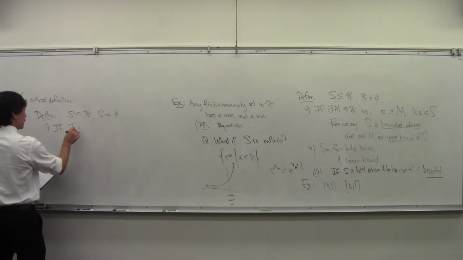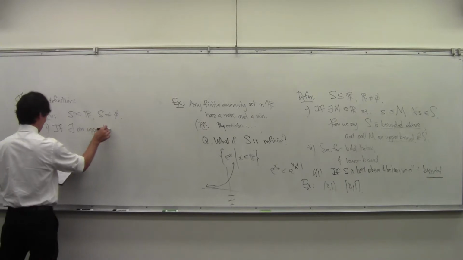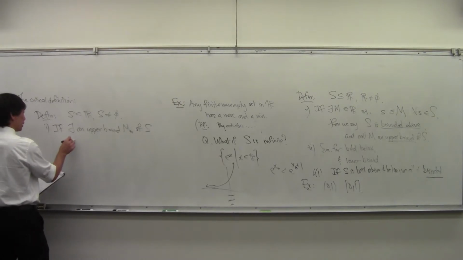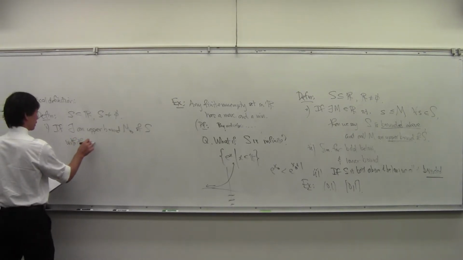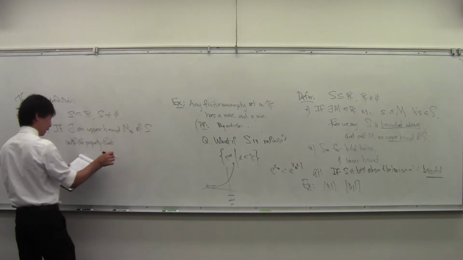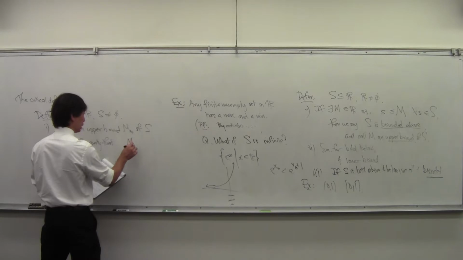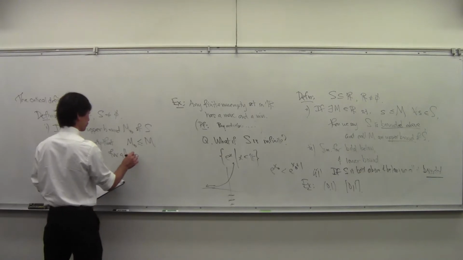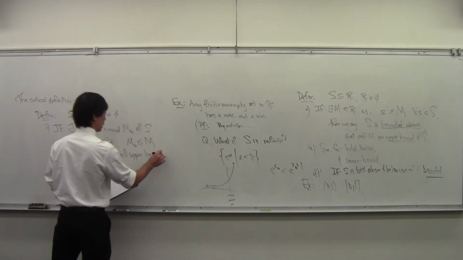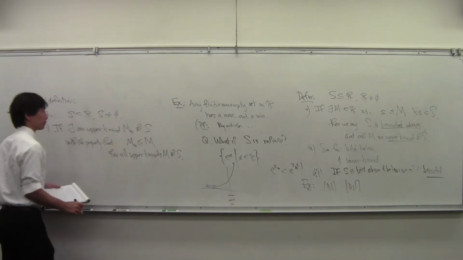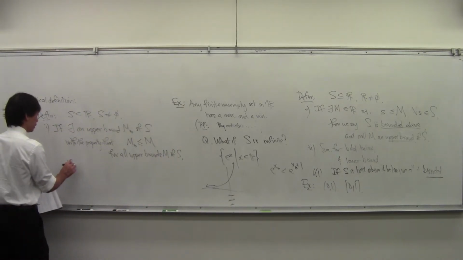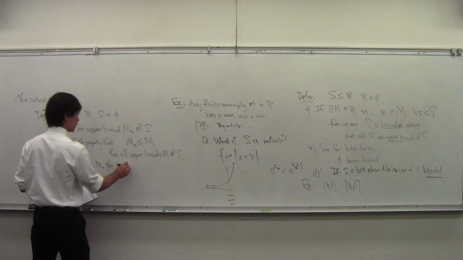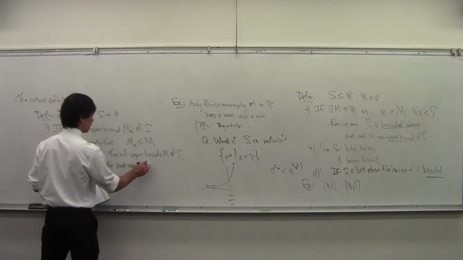If there exists an upper bound M naught of S with the property that M naught is less than or equal to M for all upper bounds M of S, then we call this M naught the least upper bound of S.